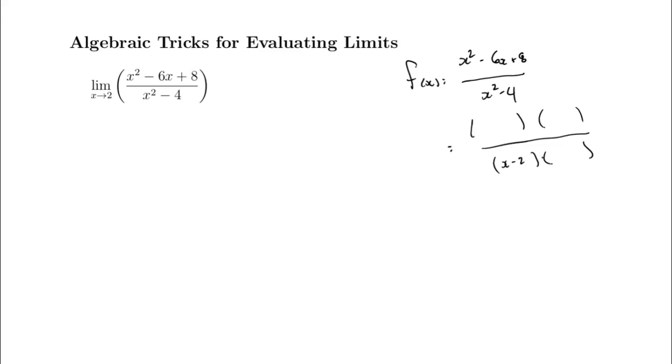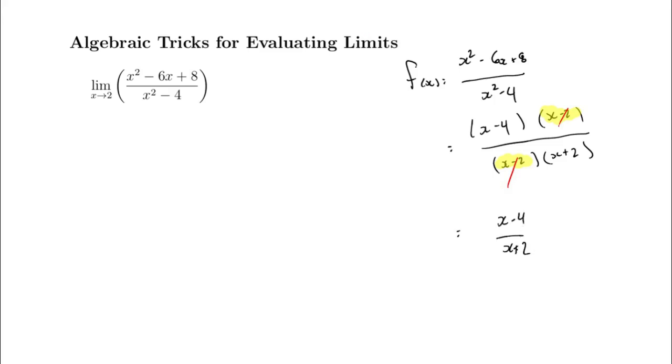Our denominator is a nice difference of squares. And in our numerator, we're looking for values that add up to negative 6 and multiply to 8. So this is x minus 4 and x minus 2. And wait a second, would you look at that? These are the same. And so maybe you want to go ahead and cancel these out, right?